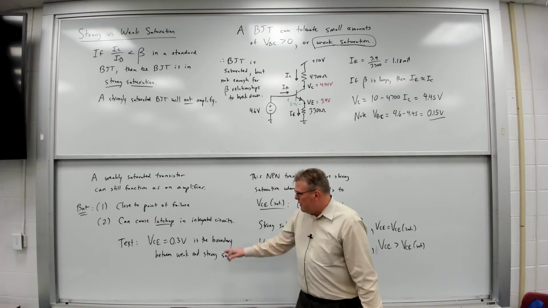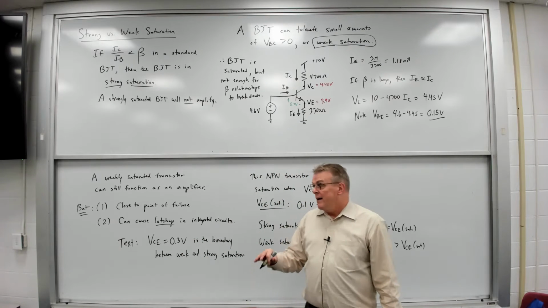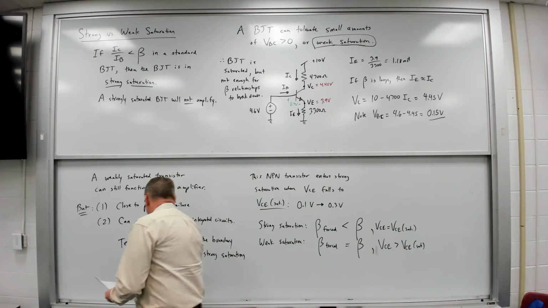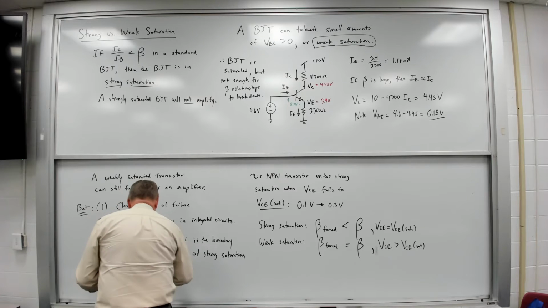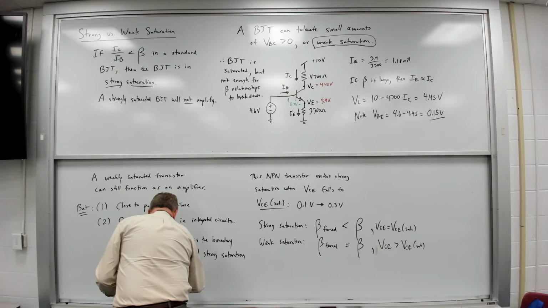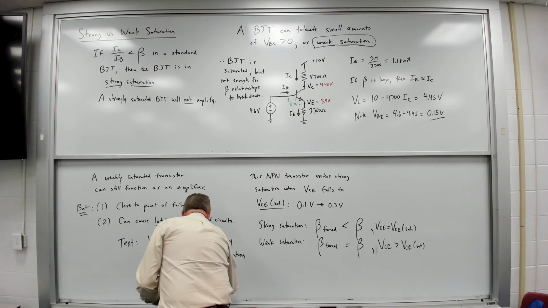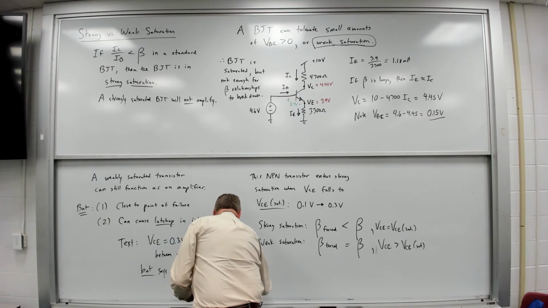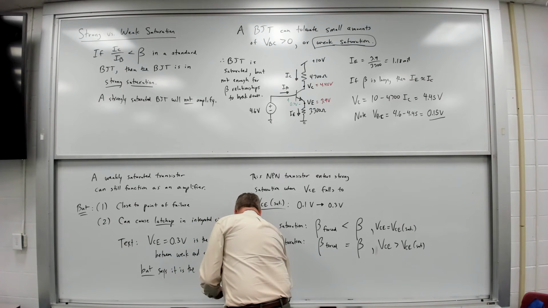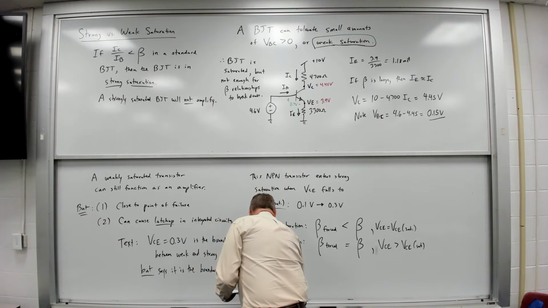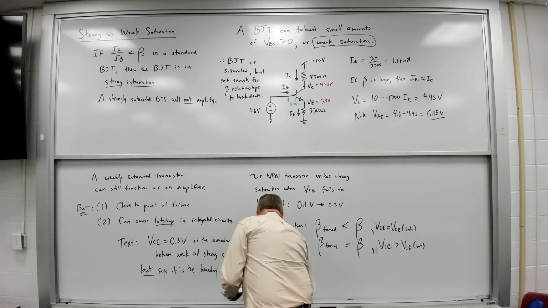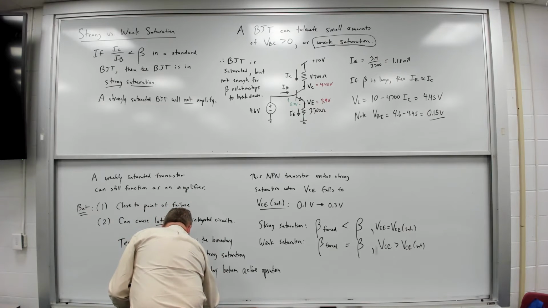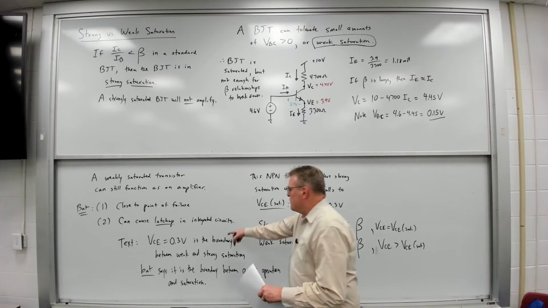But when the book does this, when it says that VCE is equal to 0.3 volts, the book says it's the boundary between active operation and saturation. So this is what the text will do.